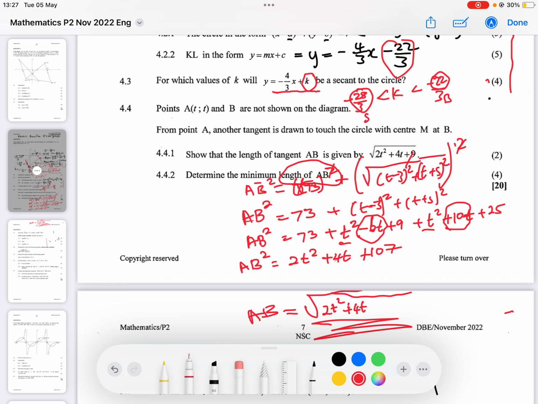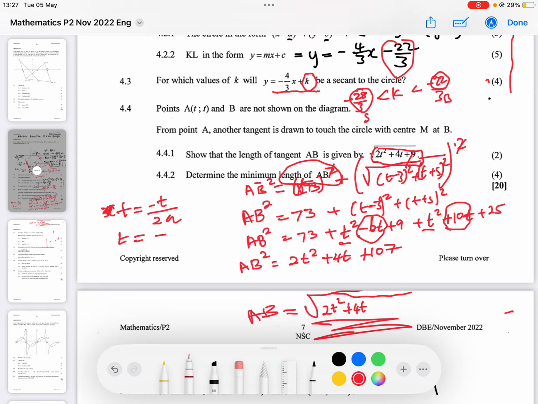When they say the minimum value of AB, you look inside this again and find the maximum or minimum, which is found at the turning point. So you're going to use t equals minus b over 2a.